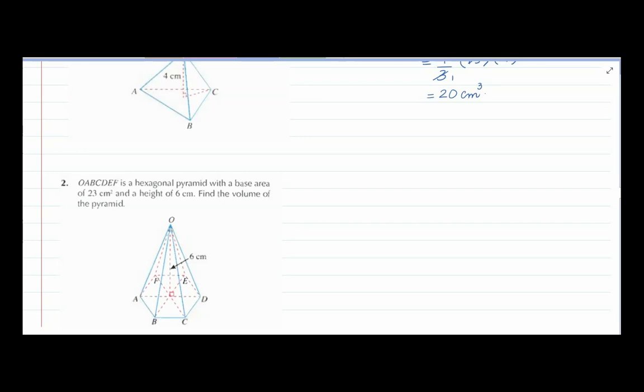So first thing what you need to do, you need to make the data. We know that the base area is known, the height is known, and we need to find the working formula. So first thing, write the formula of pyramid. It's 1 over 3 base area multiplied by height.